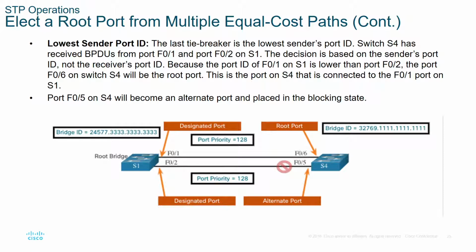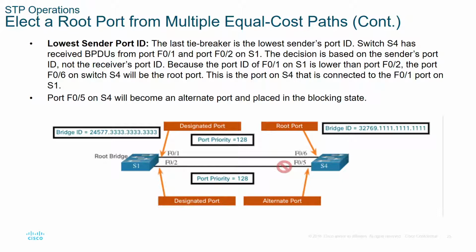Lowest sender port ID. The last tiebreaker is the lowest sender's port ID. Switch 4 has received the bridge protocol data units from port Fast Ethernet 1 and port Fast Ethernet 2 on S1. The decision is based on the sender's port ID, not the receiver's port ID.